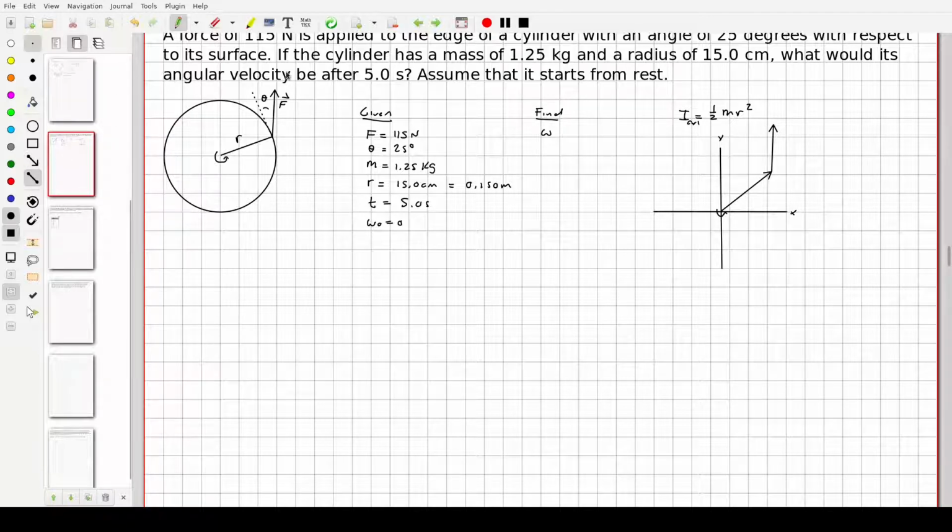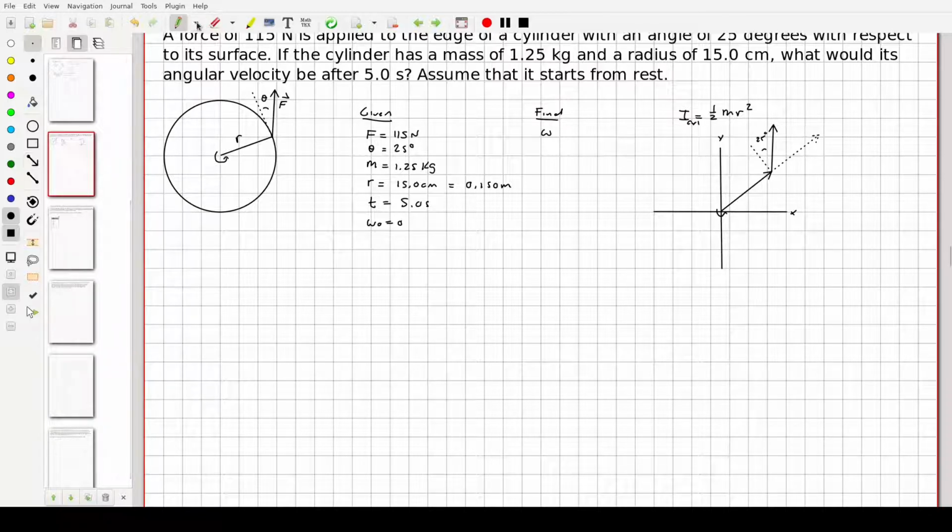Now, we know, because of the way the problem's set up, that the angle right here is 25 degrees. But when it comes to looking at torque, we don't want that angle. We want the angle between the force and R, which would be this right here.